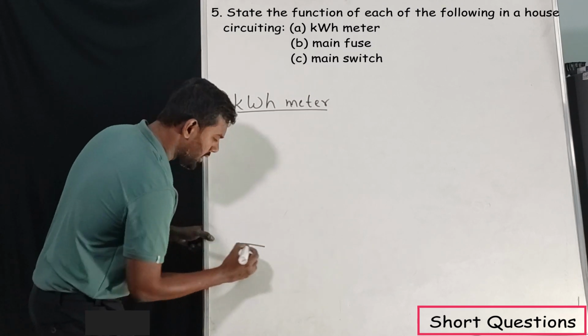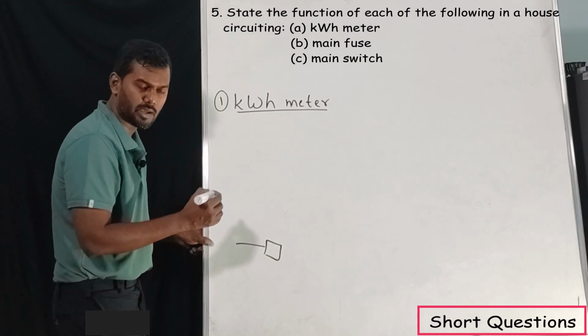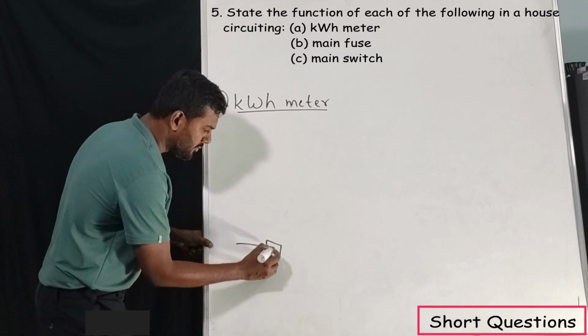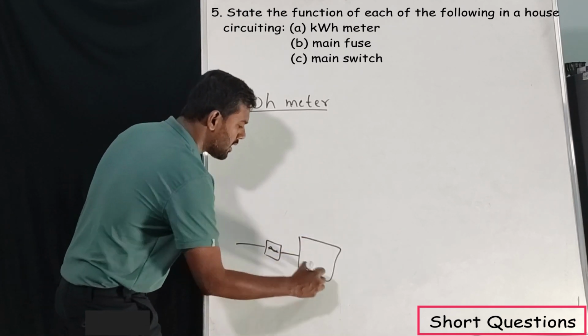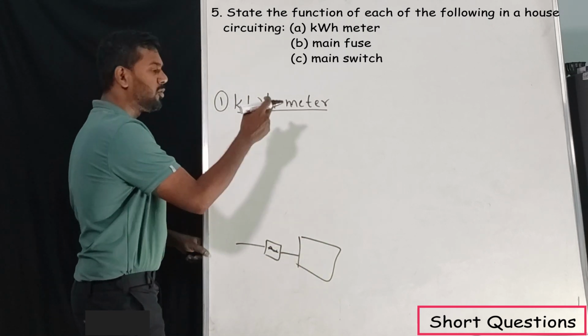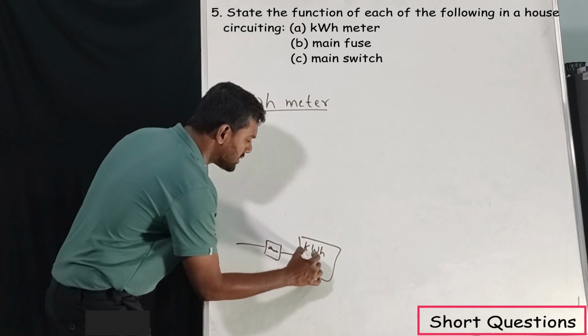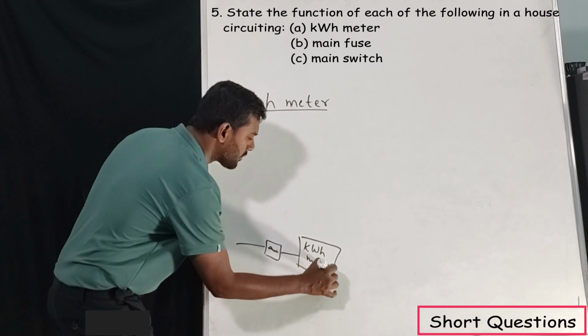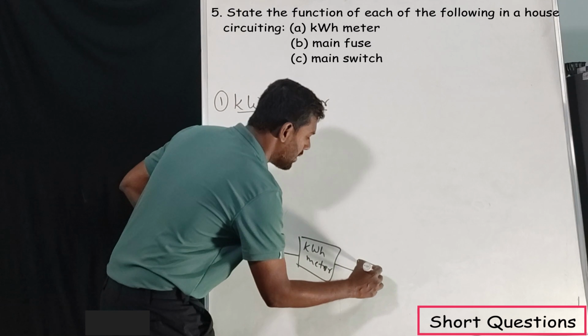A wire will come from the company. This will be connected to a fuse. From the fuse, the meter board, which is nothing but the kWh meter. Then it will be connected to the main switch.